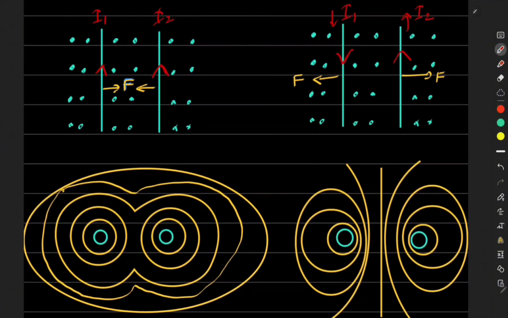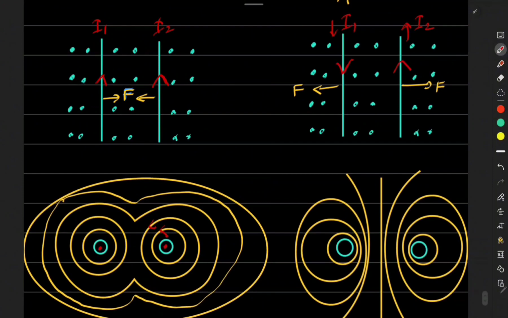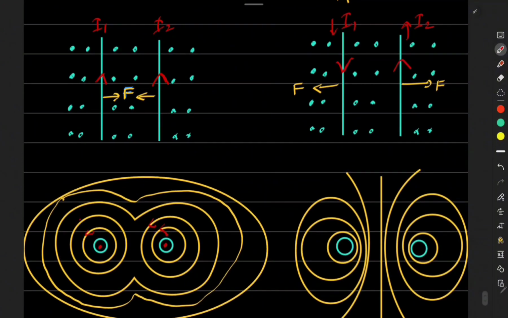Here current is moving out of the plane. Here also current is moving out of the plane. If we use the right hand grip rule, the magnetic field will be moving in anti-clockwise direction, and here also anti-clockwise direction.